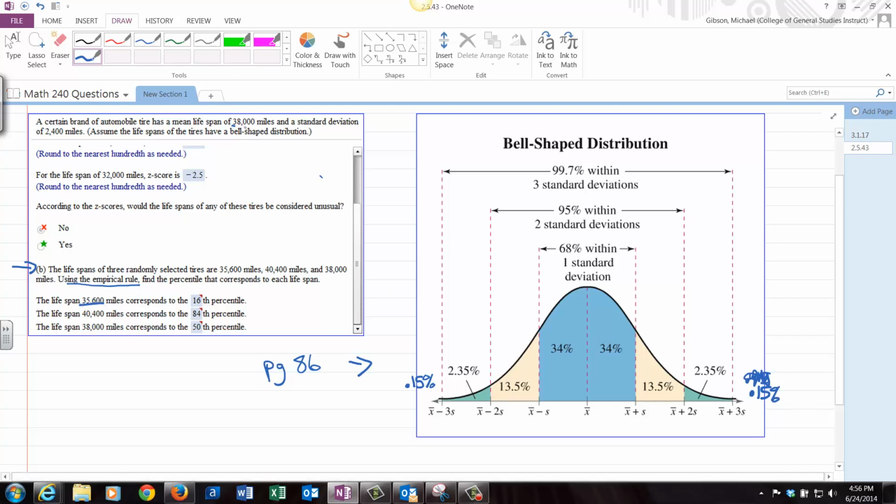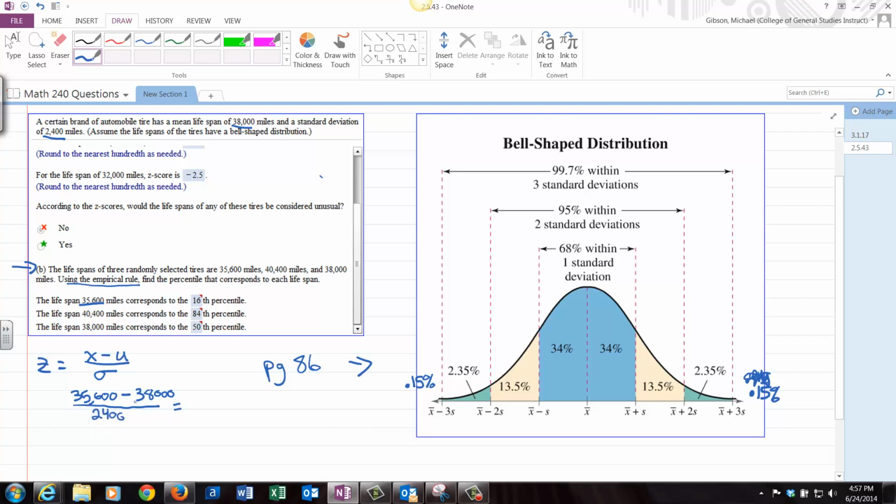All right, so the mean is 38,000. The standard deviation is 2,400. A z-score is x minus the mean divided by the standard deviation. So let's do that for 35,600. 35,600 minus the mean of 38,000 over 2,400.